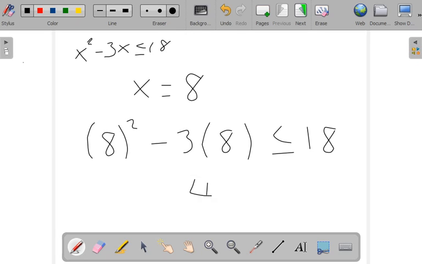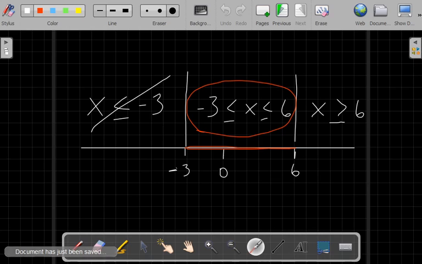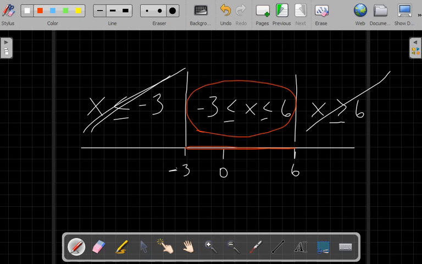And we're going to get 40 is less than or equal to 18, which is not true. Coming back to our number line, that means that all of these values of x that are greater than 6 do not make the inequality true. Only the values between -3 and 6 make the inequality true. So we're going to mark through that. That one's not true, and this one's not true.